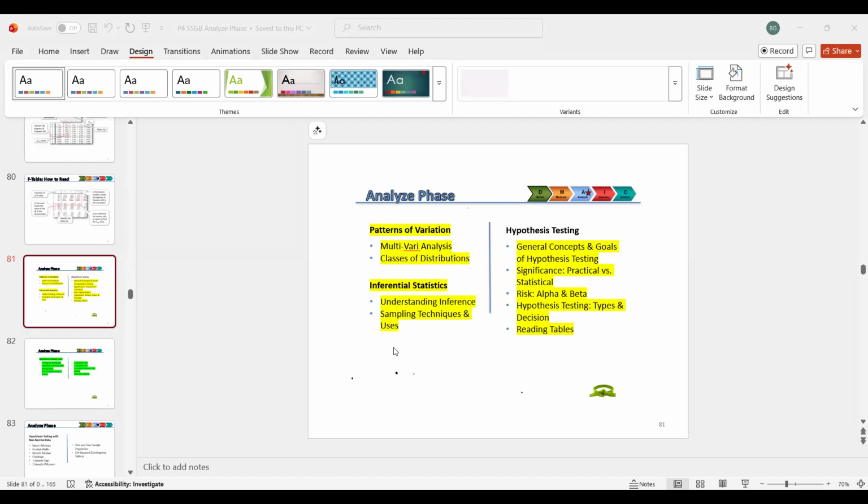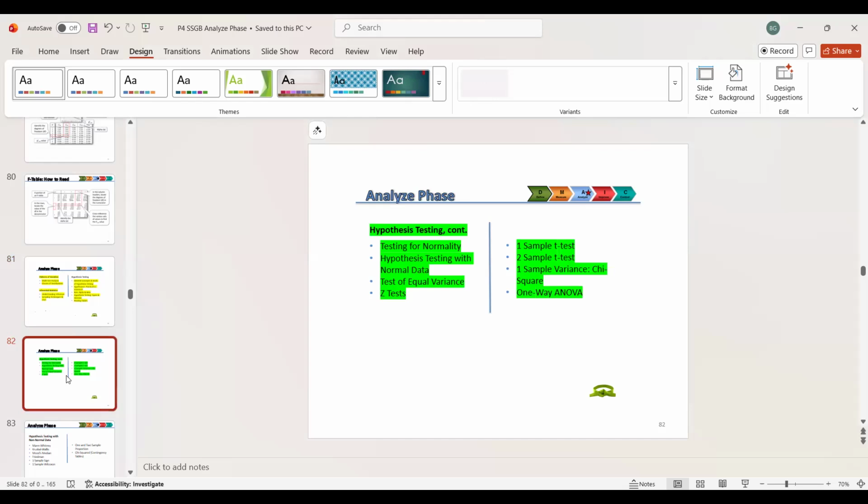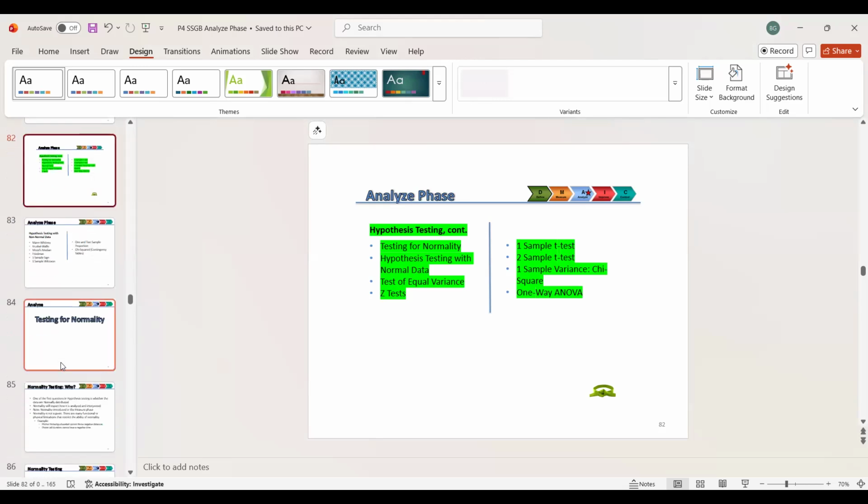We looked at risk, alpha and beta risk, and confidence levels, and then how to read tables. Today, we're going to review a bunch of the stuff we just did: testing for normality, testing with normal data, tests of equal variance and z-tests, and a couple of these we already covered, one-way ANOVA, one sample t-test. So we'll fly through them.